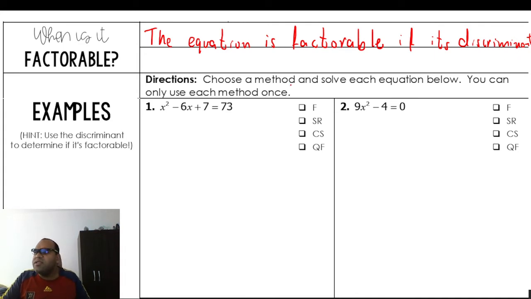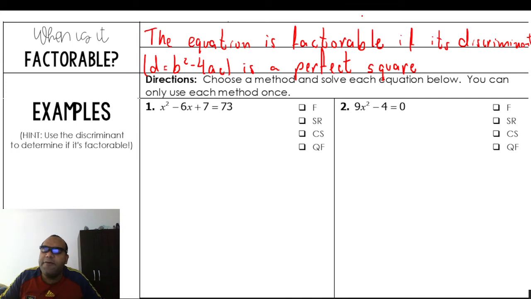D equals b squared minus 4ac. When this situation happens, we know our equation is factorable. Let's try to apply this.